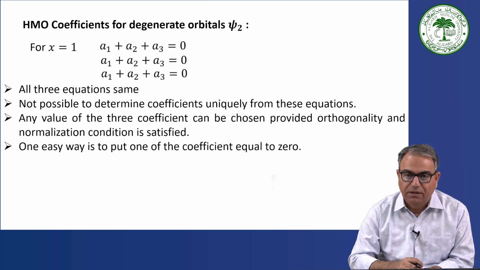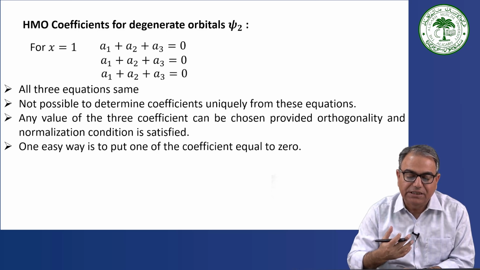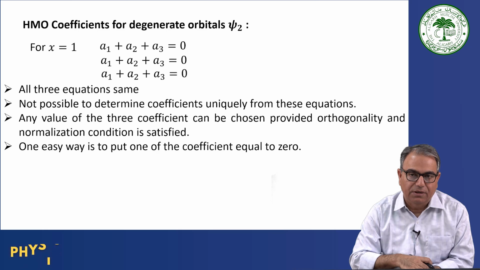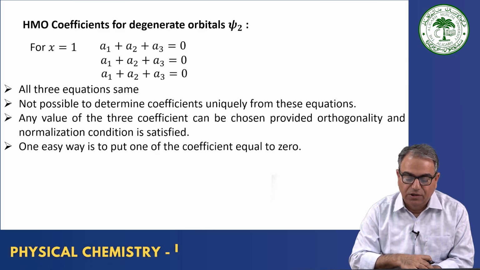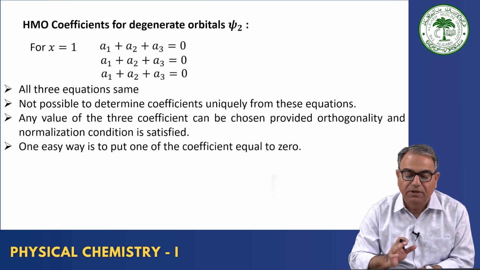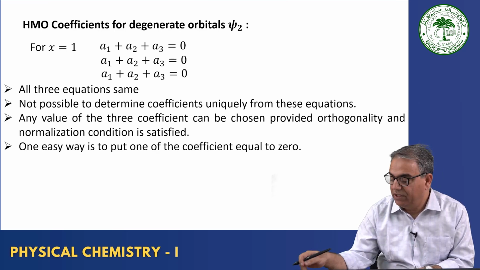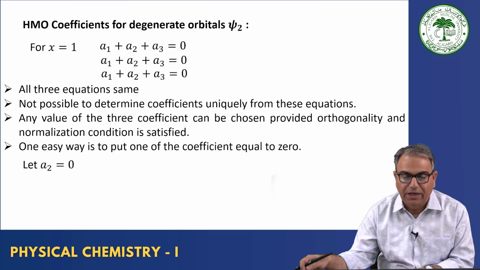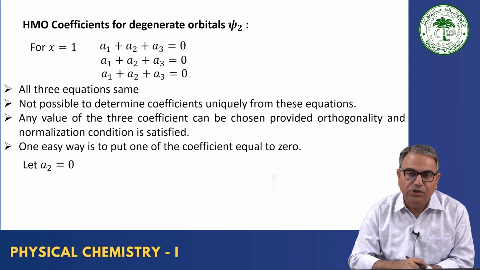Now, if all equations are same, for degenerate system, this will always come to you. So what will you do? One easy way is to put one of the coefficients equal to 0. So you have three different coefficients. Put one coefficient equal to 0, and let me put a2 is equal to 0.